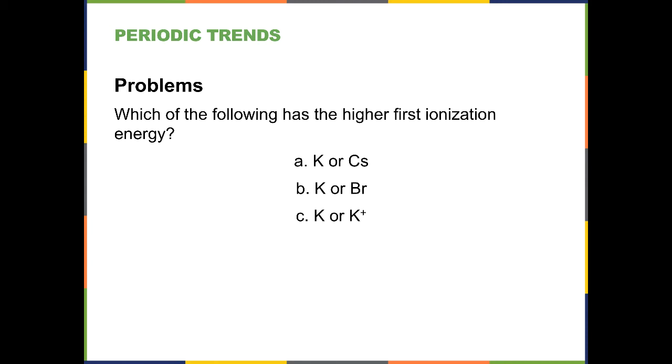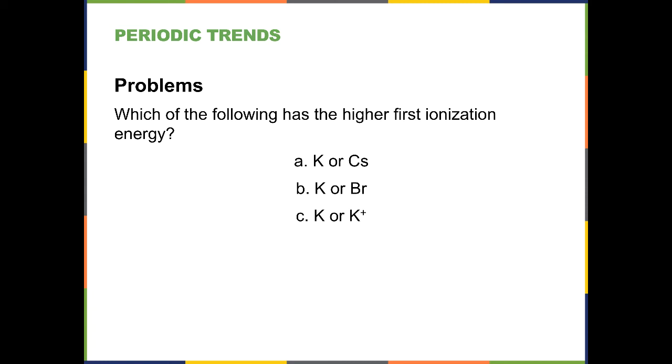Potassium is higher in the periodic group than cesium, and as you go down the group, you get lower first ionization energy, so potassium will have a higher first ionization energy. Potassium or bromine? As you go from left to right, the ionization energy increases. So bromine has a higher first ionization energy than potassium.